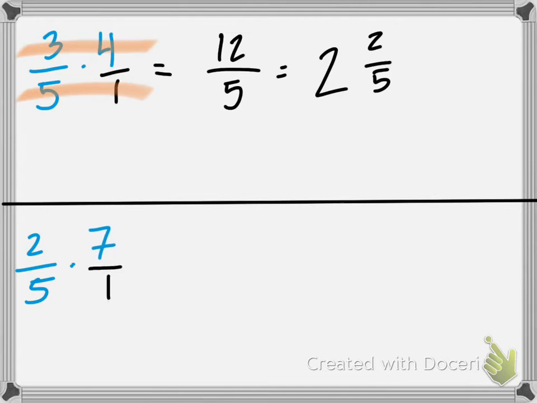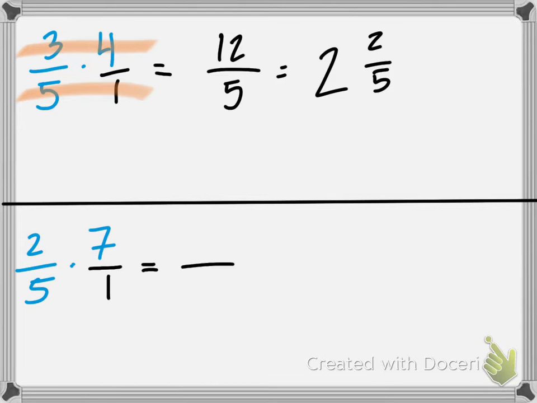When you have it over something, that means divide. Just like our divide sign, these are just placeholders. And when you divide something by 1, it doesn't change at all. Amelia, can I cross cancel anything here? No, I can't. Perfect.